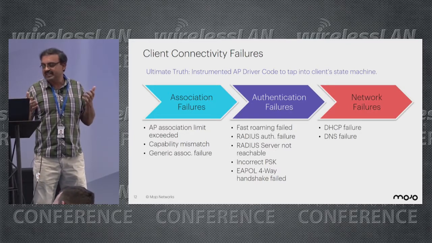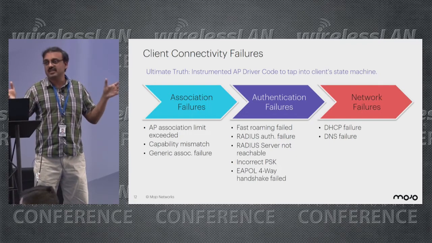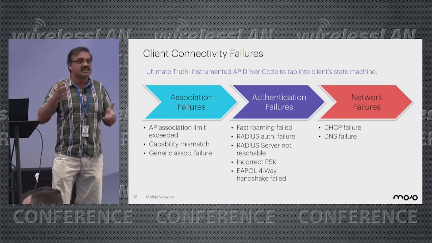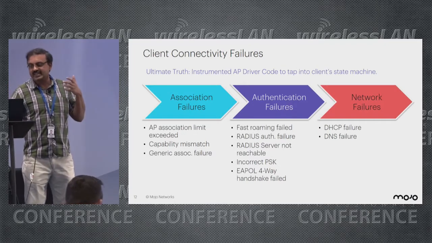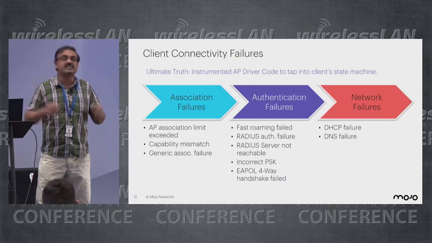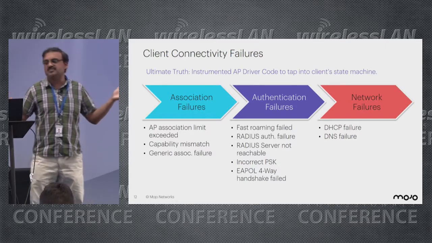An example of authentication failure is that the RADIUS authentication failed, or the RADIUS server is not reachable. It has nothing to do with Wi-Fi, but still that leads to a very poor user experience. Similarly, on the network side, a DHCP address may not be available because maybe the DHCP server has run out of addresses. Still the client will fail. It has nothing to do with Wi-Fi again.